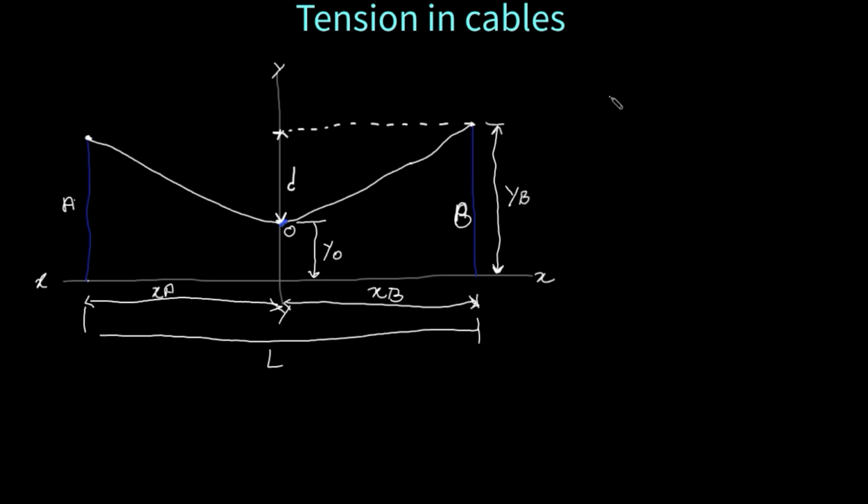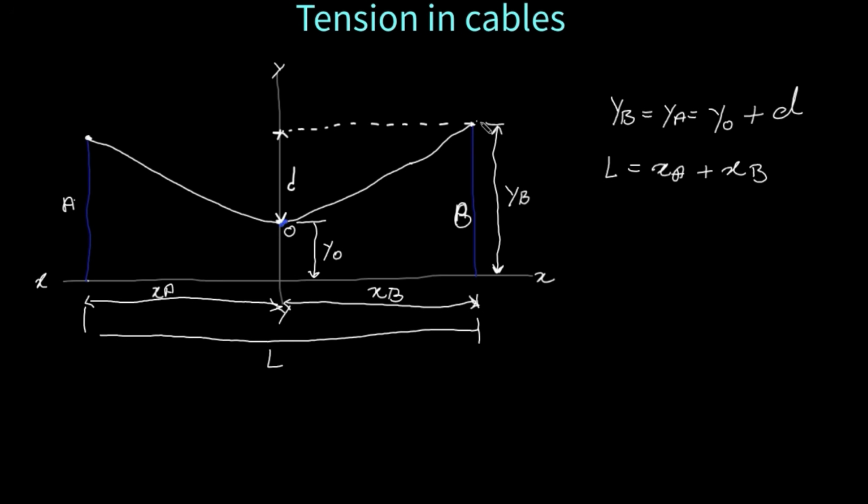And already we can see that YB is equal to, in this case, YA. I'm saying in this case because it's possible to find a question where these two towers are not the same. So in this case, they are the same, and they will be equal to YO plus D, which is the sag. We can also see that L is equal to XA plus XB.